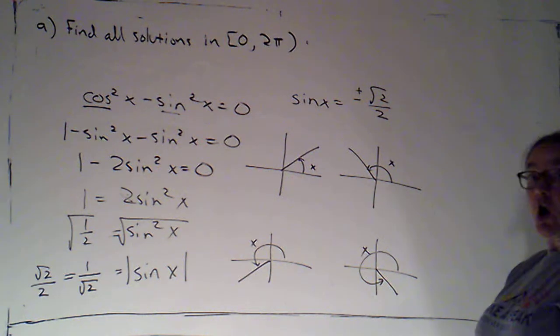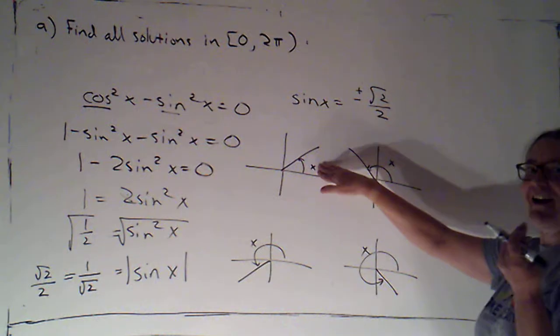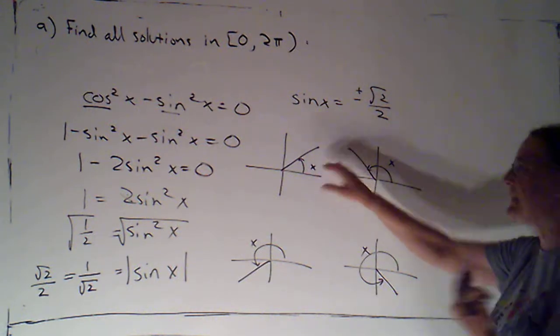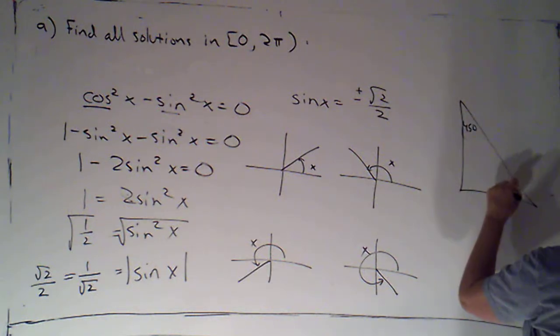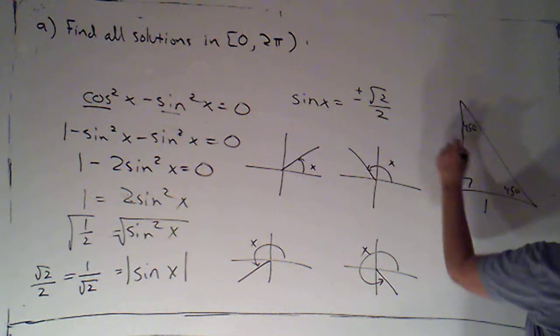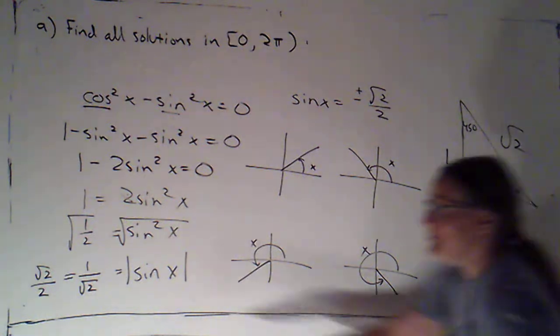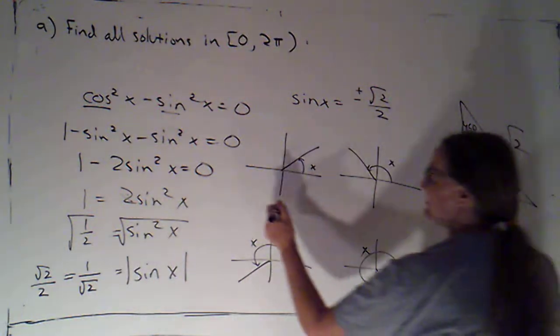Okay. For all of them, this solution, the acute angle whose sine is root 2 over 2, is going to be my reference angle. And hopefully we recognize that that's going to be 45 degrees, which means it's going to be pi over 4. Notice I get 1 over root 2, which was the non-simplified version, and of course I can rationalize that to root 2 over 2.